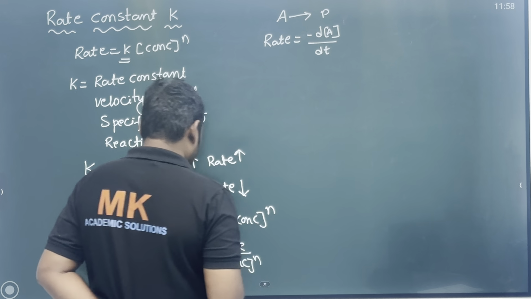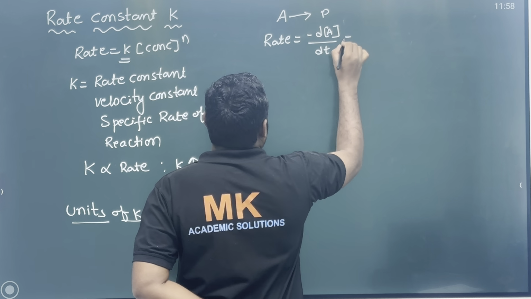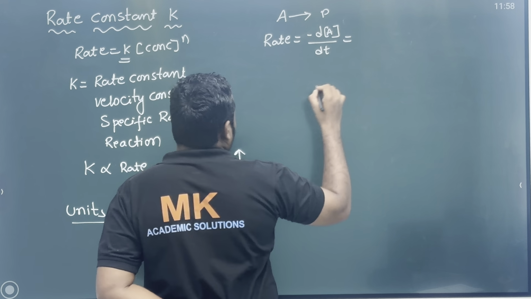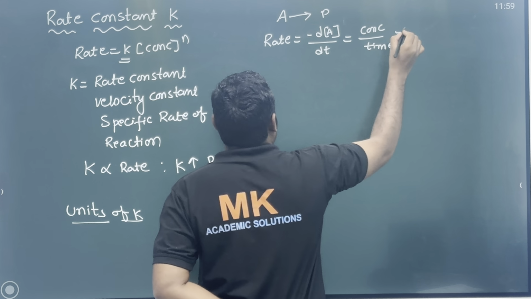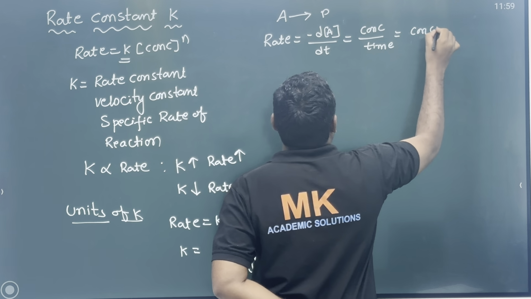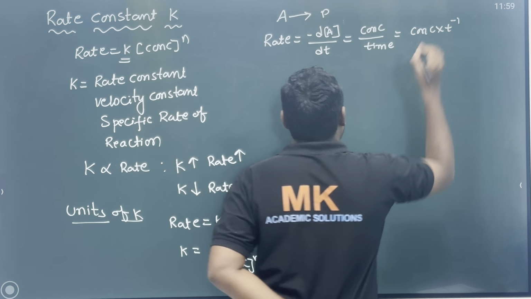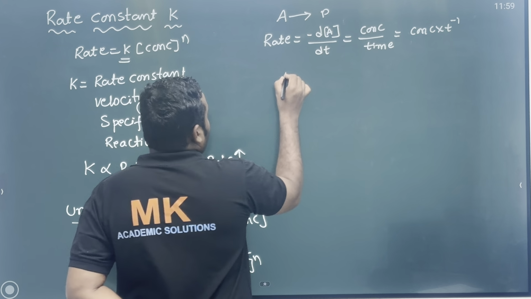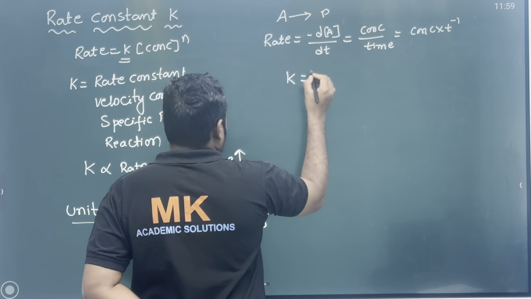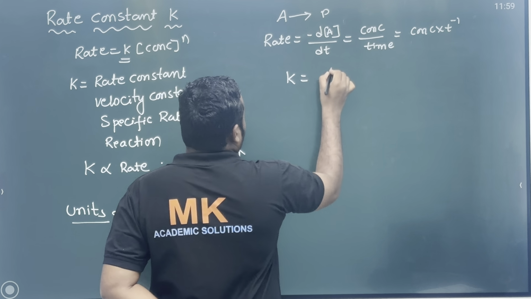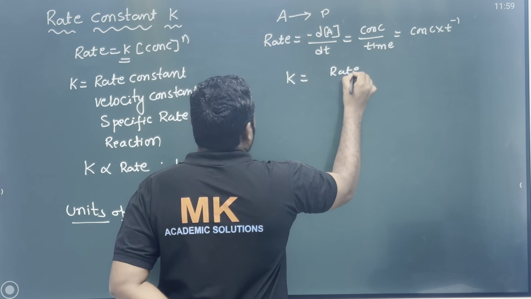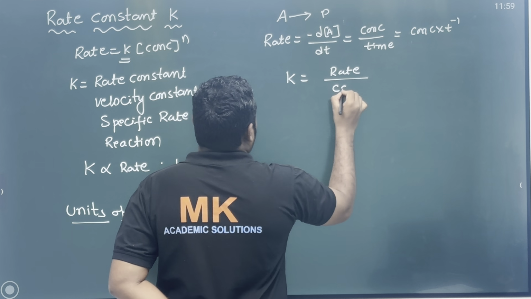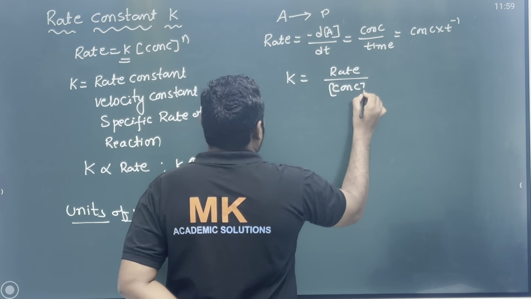So here, what are the units for rate? We can write concentration by time, or concentration into time inverse. And here k is equal to rate by concentration to the power n.